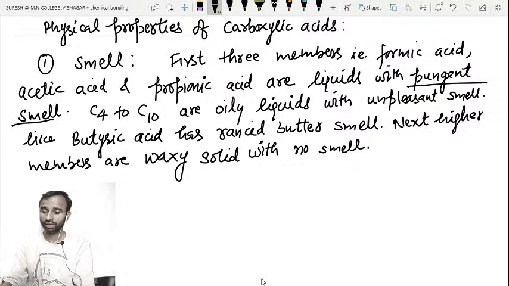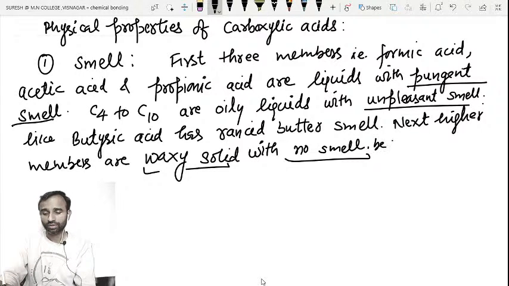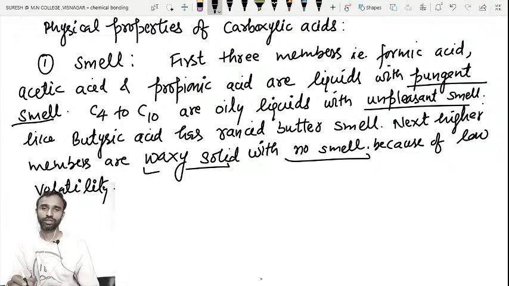They have pungent smell, then some unpleasant smell, and at the end they are waxy solids with no characteristic smell. It is because of low volatility, because if they are not volatile, then we cannot sense the smell.